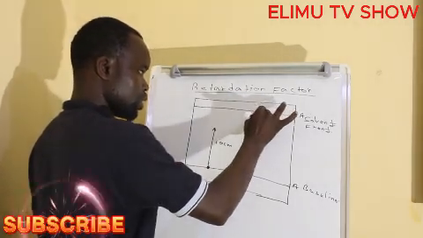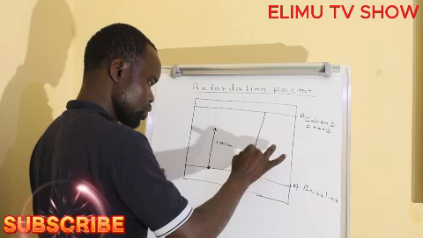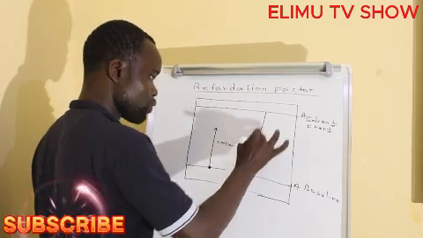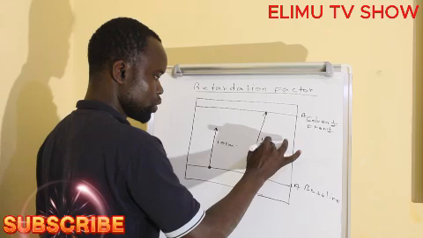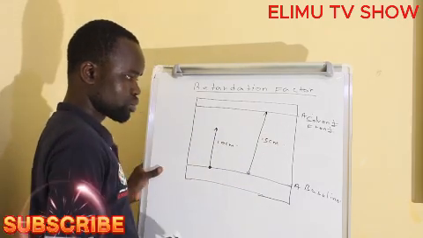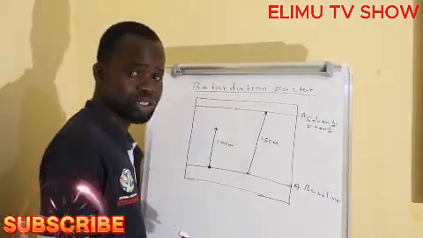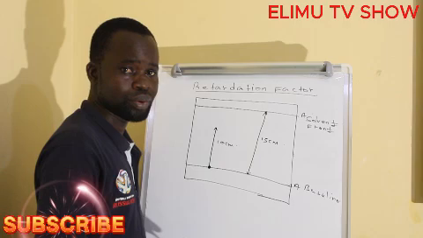Then the distance traveled by the solvent, let us say that is 15 centimeters. So how can we calculate the retardation factor?